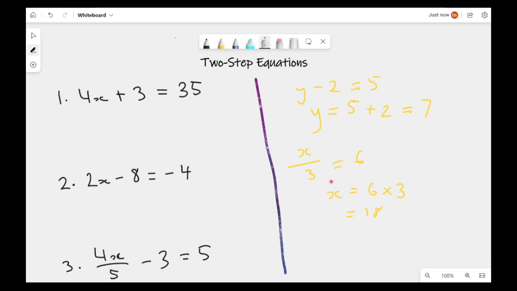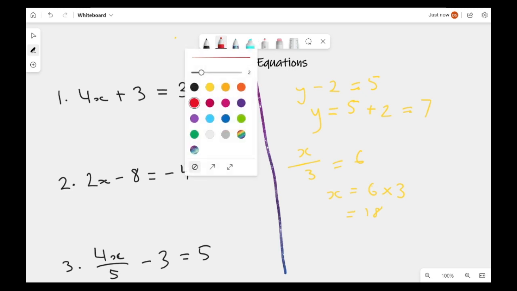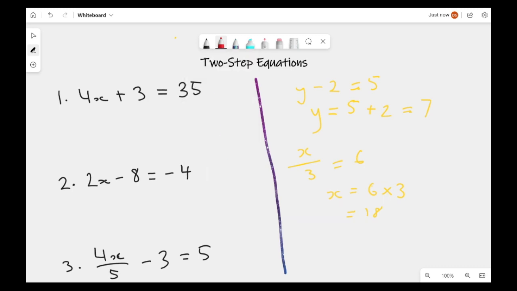Now, what can we do here? Let me just change color here. Our x is first being multiplied by 4, so we can think of this as one kind of entity. And when 3 is added to that, we get 35. Now, we can use the rules and trends that we established in the last video.